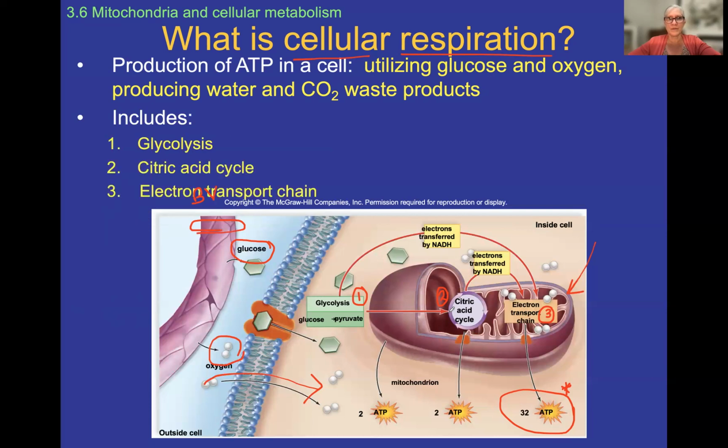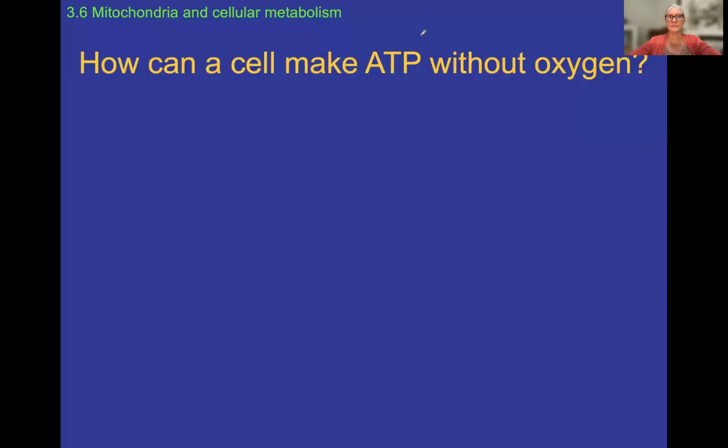So here's, again, the summary. Cellular respiration using glucose and oxygen, producing water and CO2 as waste products. These are the three steps that are involved. And that's the bottom line. Lot to memorize. And finally, can we make ATP if there's not enough oxygen around? Well, we can do that for short periods of time.